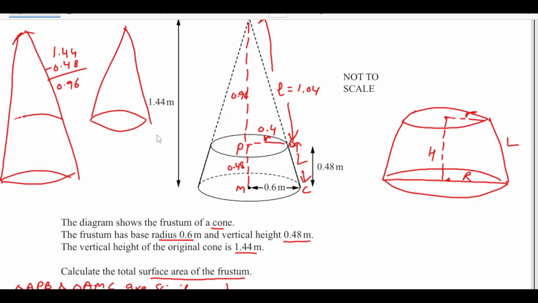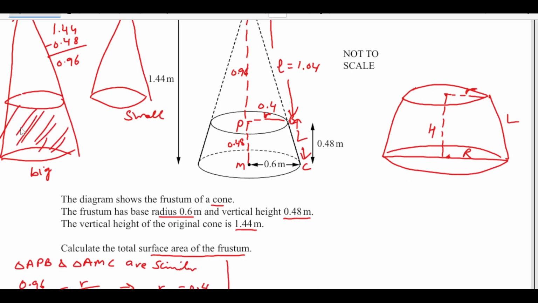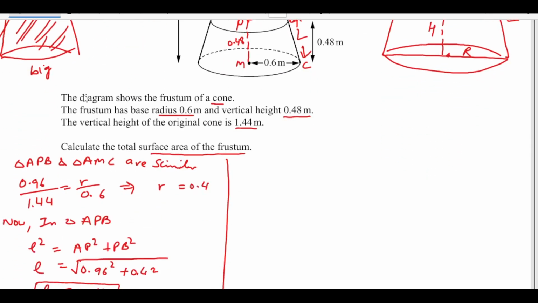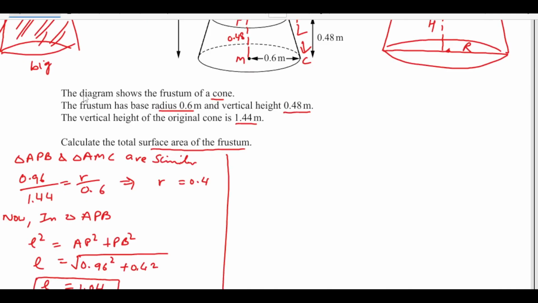So this is the big and this is the small cone. If we subtract the area of the small one from the big one, we will be left with the area of this frustum here, plus you have to add the area of the circular parts.